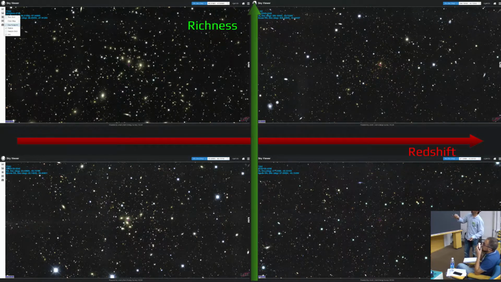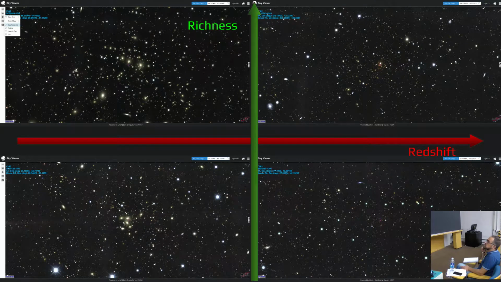Poorer ones, and well, good luck with that. A poor high-redshift cluster. This is a very good screen, by the way. Congrats. You can really see the difference by eye, and how hard it is to find distant clusters, poor clusters especially.